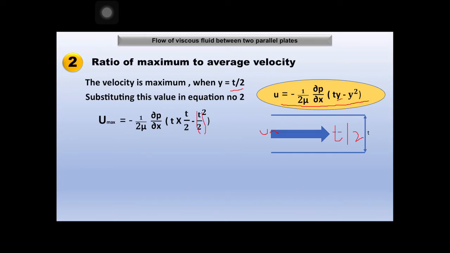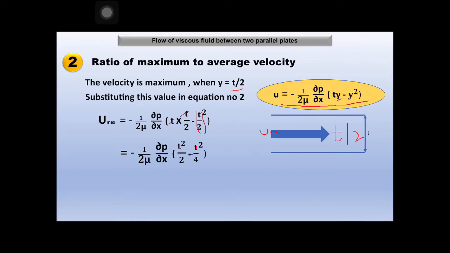So upon solving this, we'll get u max is equal to minus 1 by 2 mu into delta p by delta x under bracket. This t and this t will get multiplied, and it will become t square by 2 minus t square by 4.